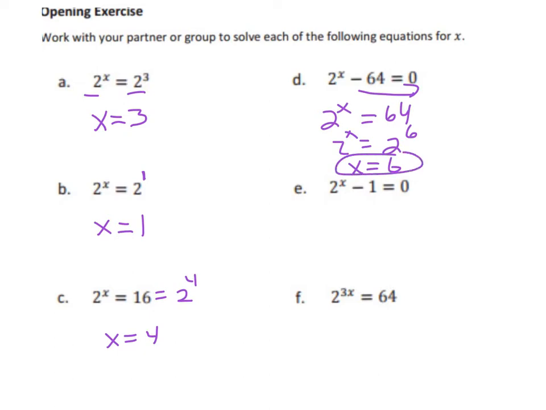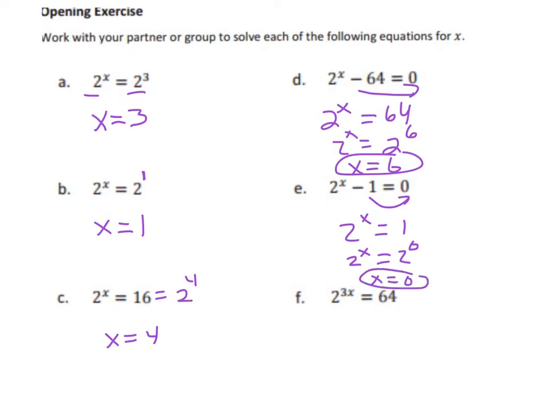This one right here, bring the 1 to the other side, so 2 to the x equals 1. You have to remember that 1 is the same thing as 2 to the 0 power. A little tricky there. So therefore x is 0.